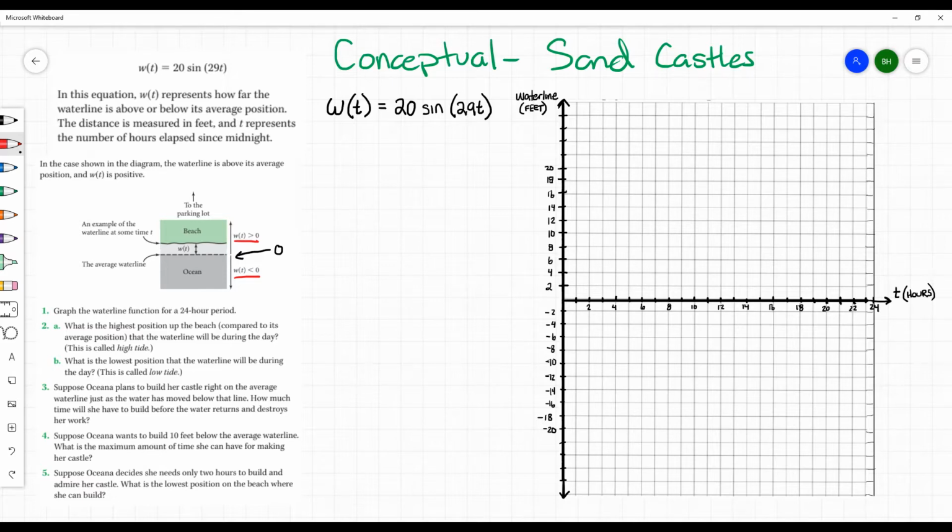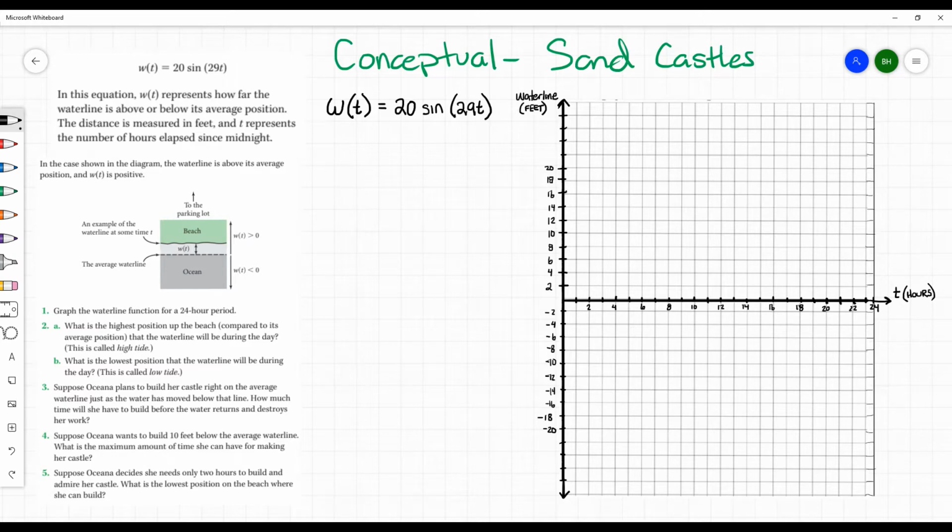The water level could be down here, more in the ocean, which means you have a lot more beach available to us. Or the water level can be up on the beach a little bit more, which means there's going to be more water. Essentially, we want to have more beach available so we can build a sandcastle and not have it be washed away.